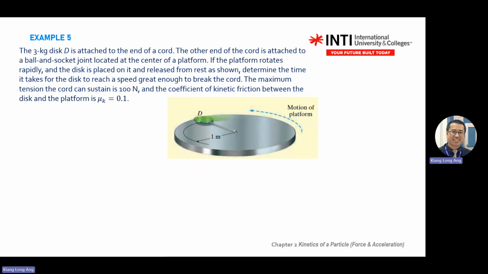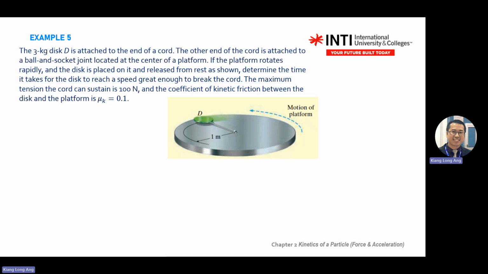Now, the question asks you to determine the time it takes for the disc to reach a speed great enough to break the cord. This is a design question. You spin the thing, and then you need to find the time. It starts from the disc being placed on it and released from rest, and then it starts to rotate. Here you don't know the omega or the rotation, but it asks you to analyze just based on force and the mass that you know.